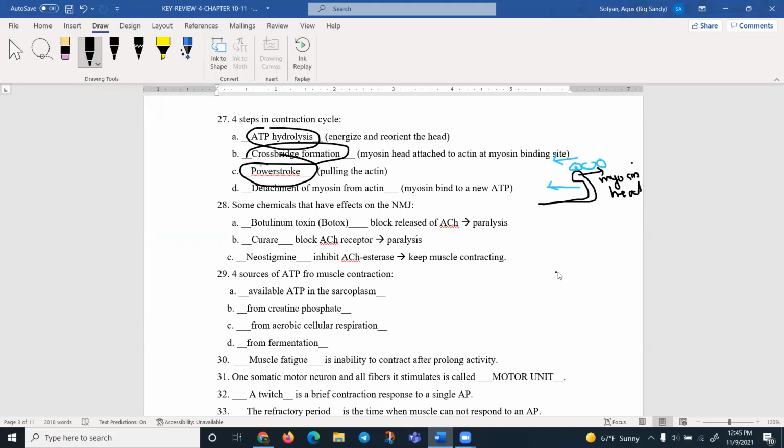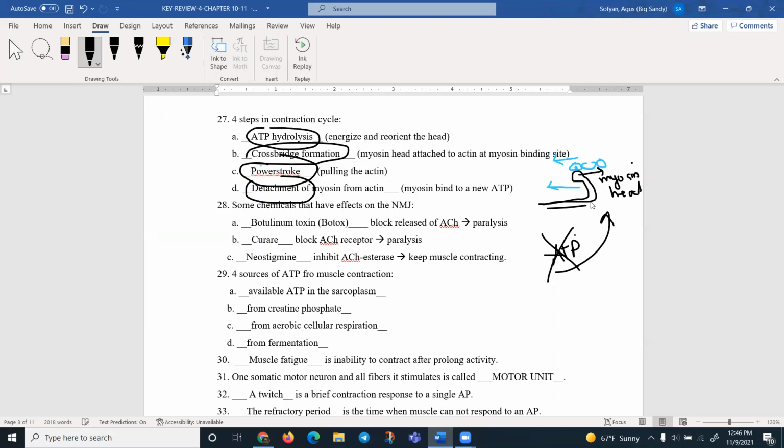After that, the ATP will come again. When the ATP binds to the myosin head, it will detach the cross bridge. Therefore, the muscle will be relaxed. This is the reason why if somebody passes away, for example, the ATP will not be produced. It's going to be less in number, and then that person will have stiff muscle.